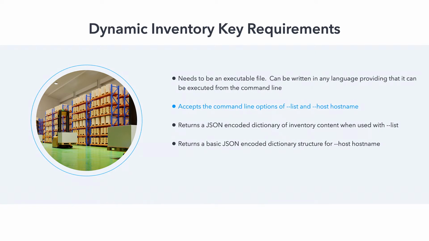It should accept the command line options of --list and --host, hostname. It will return a JSON encoded dictionary of inventory content when used with --list. It needs to return a basic JSON encoded dictionary structure for --host.